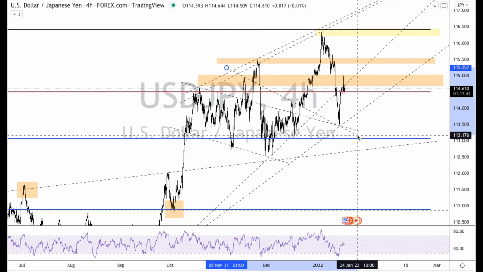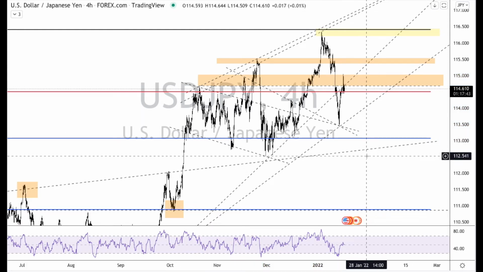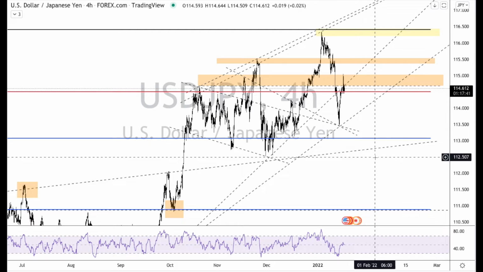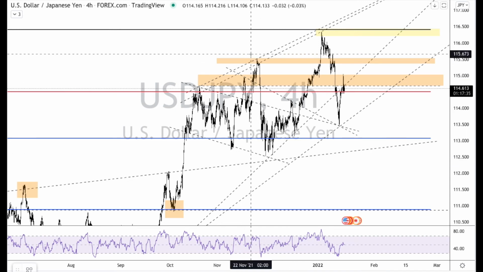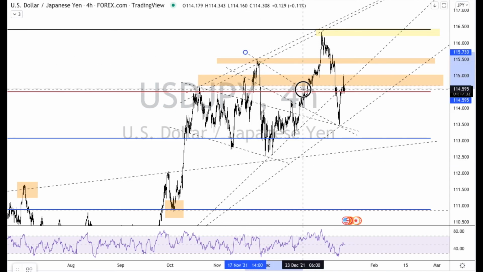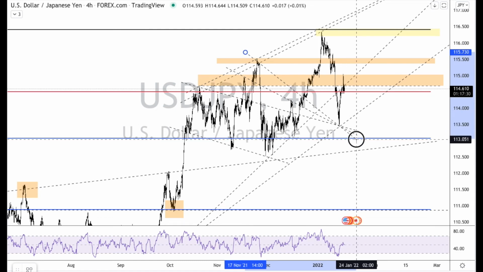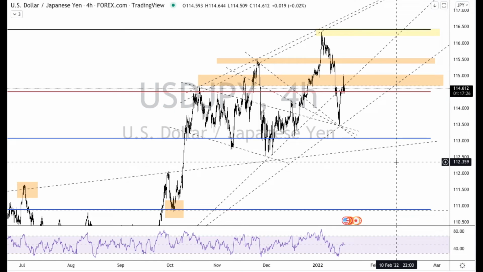So that is an interesting location as well. Is it interesting? Let me see if another one will confirm it. The alignment. Aha.